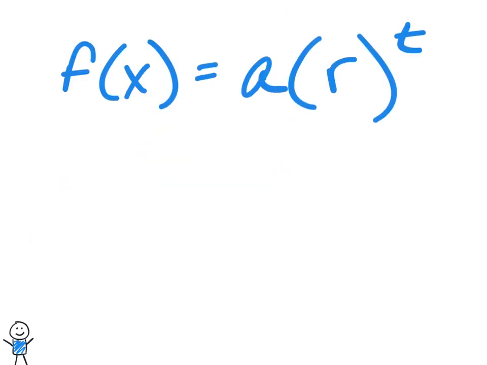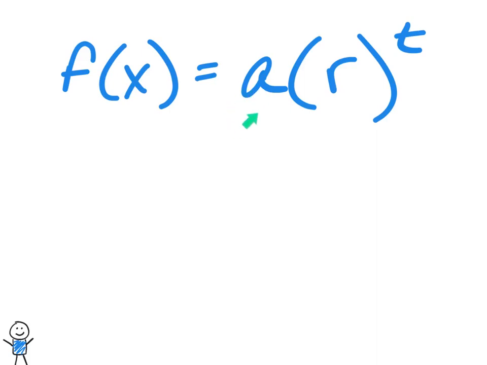This is the formula for exponential growth or decay. We'll use this particular function when we want things to grow very rapidly or decay very rapidly. And let's talk about some of the parts. Components of the exponential function formula.